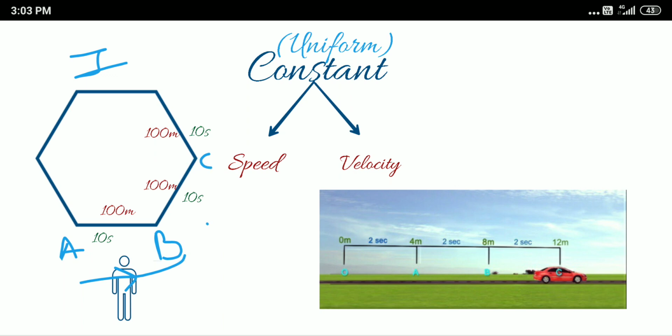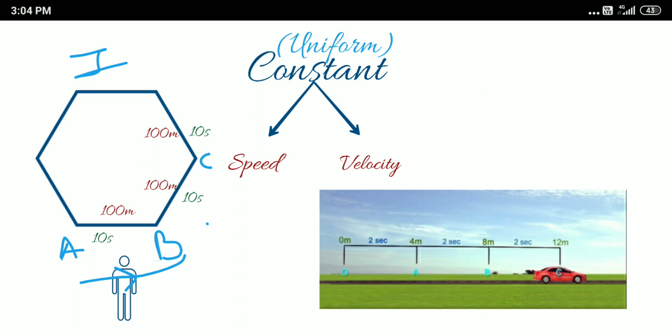So how can we define constant or uniform speed? When an object travels equal distance in equal time interval, then it is said that the object is moving with constant speed or with uniform speed.